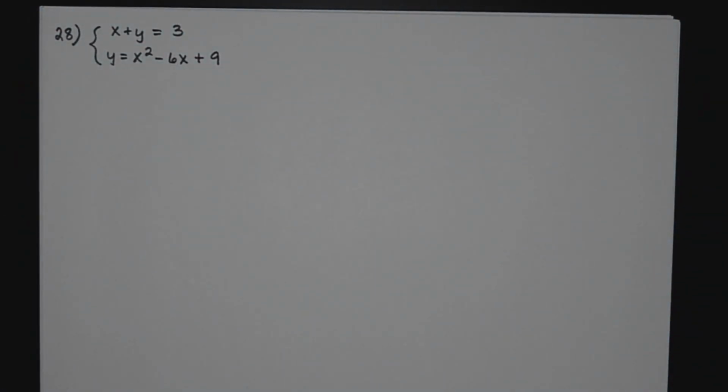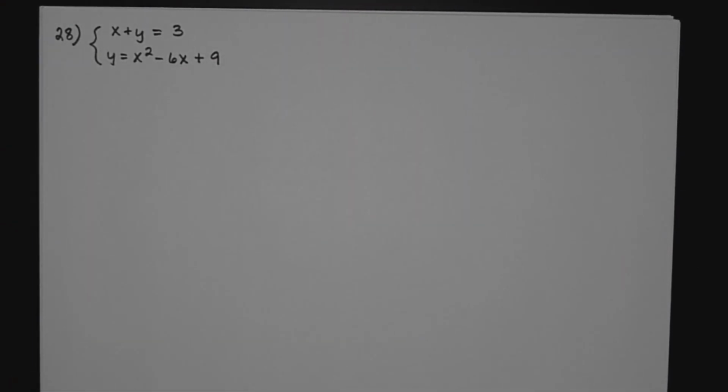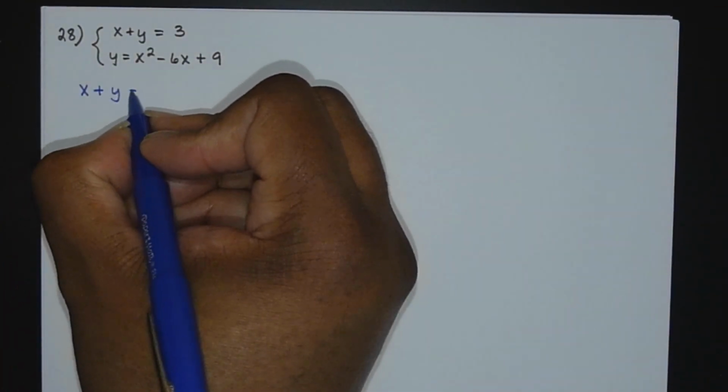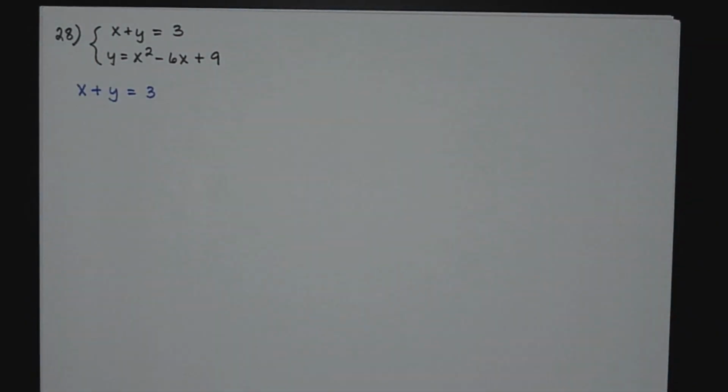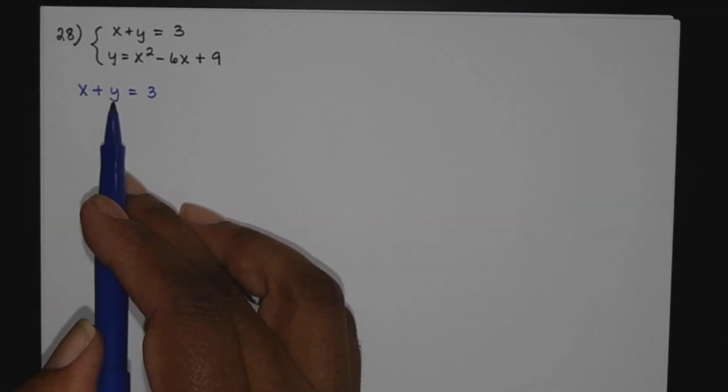All right, and here I want to use the substitution method. Well, notice I have y is equal to x squared minus 6x plus 9. Now, my equation is that x plus y equals 3. Well, since y is equal to x squared minus 6x plus 9, I can just take that, substitute it for the y in the first equation.